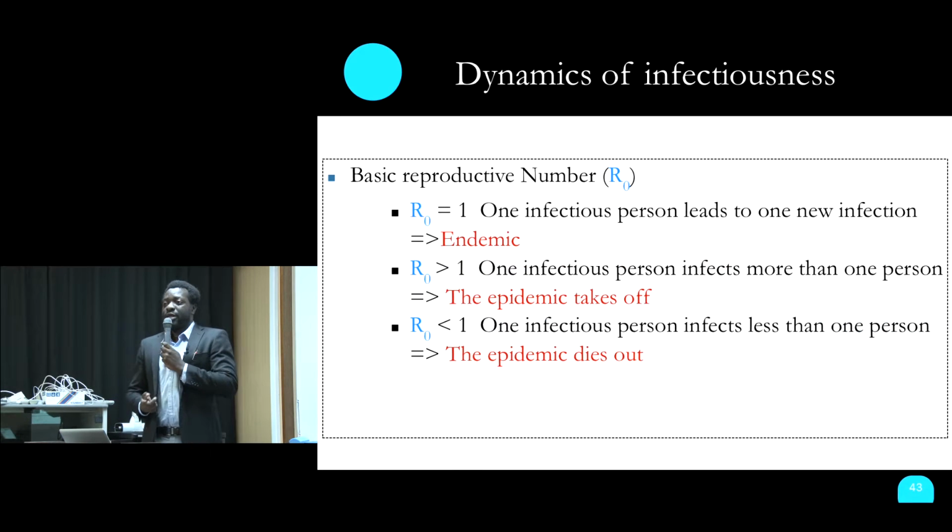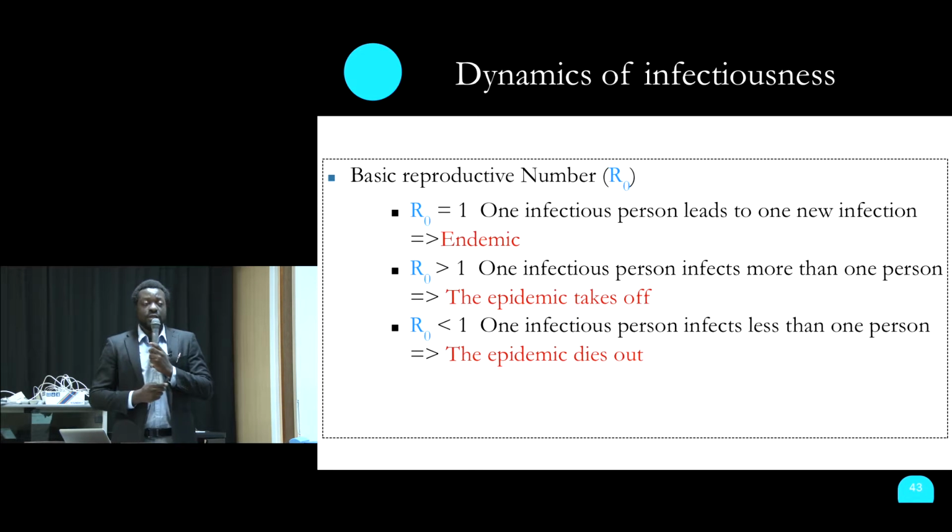But what does it really mean practically? R naught of 1 means that one infectious person can give infection to only one new infected person. In that case, we have an endemic stage, because only one person transmits the infection to another one, one to one.